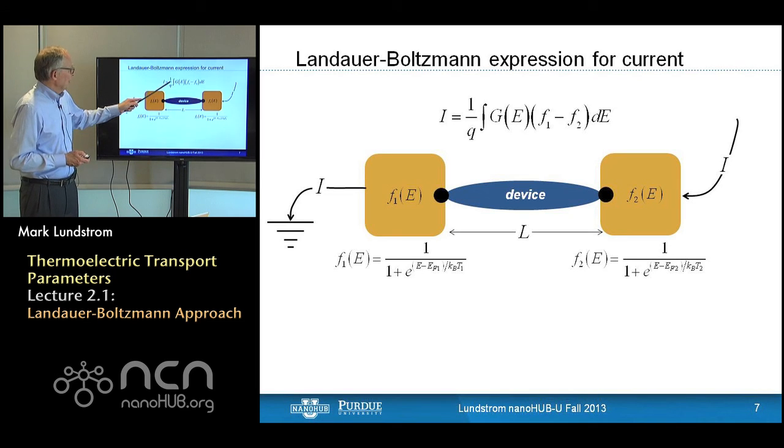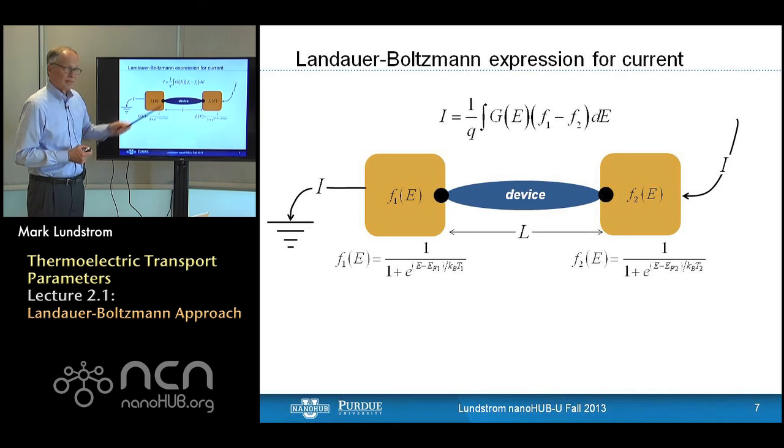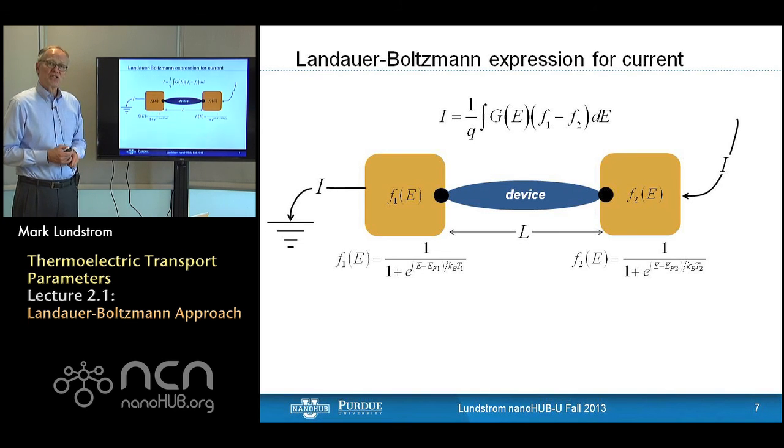We're going to be using the Landauer-Boltzmann expression for the current. As Professor Dada discussed, fundamentally what makes current flow is a difference in the Fermi functions. And there is this conductance function, which then relates the current to the difference in the Fermi functions at each energy level, and we integrate over all of the energy levels.